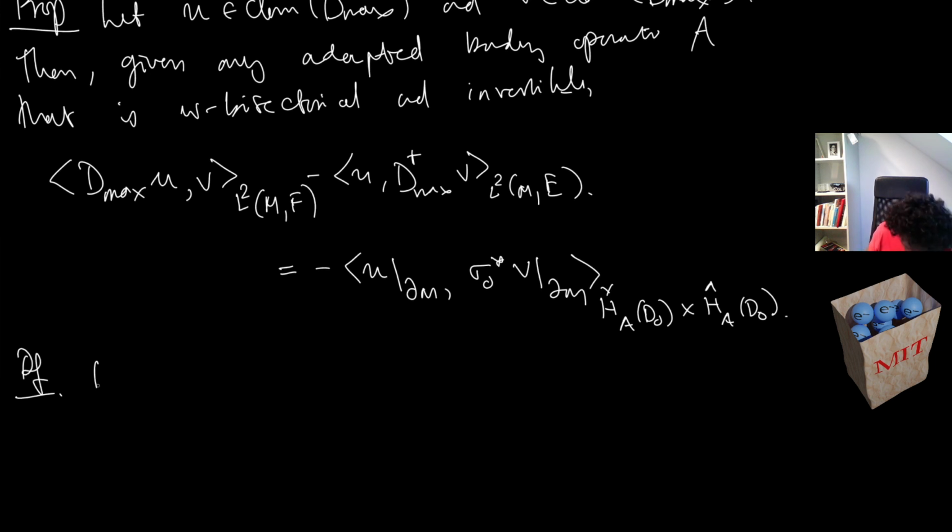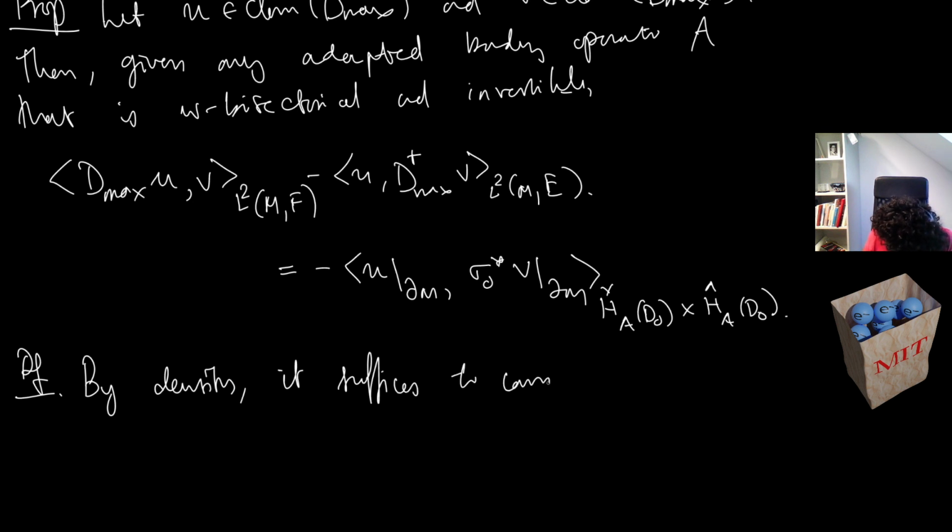So, by density, it suffices to consider u, v in C infinity C, M. So when I say by density, I should say by completeness.